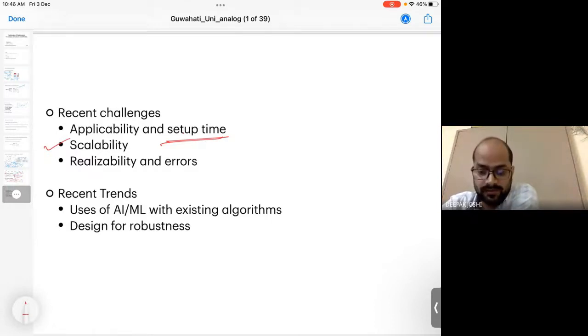Okay, then there will be a problem. So it has to be programmed, or designed, in such a way that it should be able to scale up or scale down, because a variety of circuits can be designed using the same algorithm or the same setup. And then further, realizability and the errors.